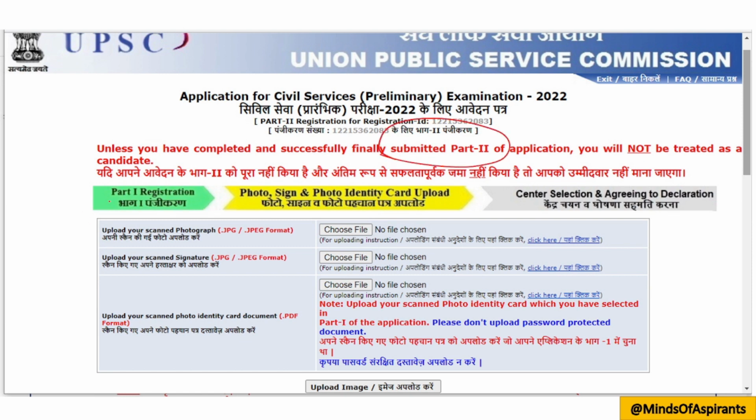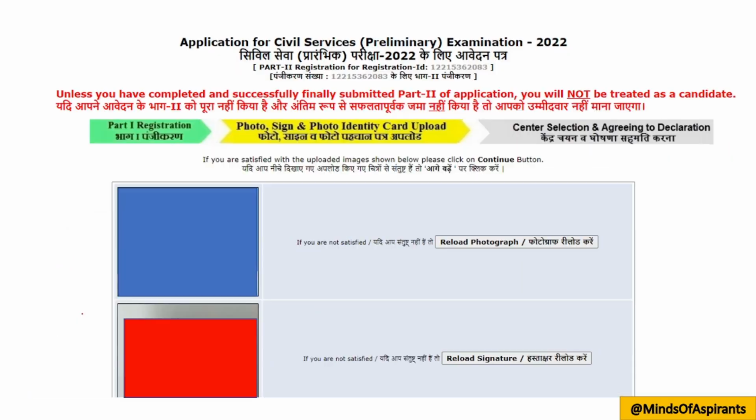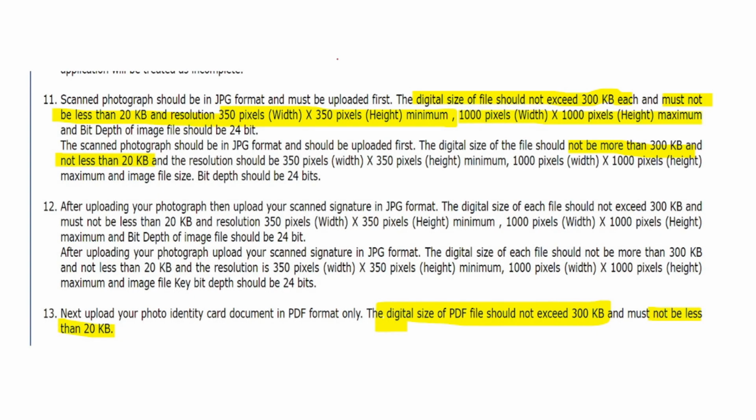In the second part, choosing your scanned photo, scanned sign, and scanned document is very, very important. They have given a format for scanning. What I would suggest is that you please have a formal picture. Understand this one point: when you go for the interview, this picture will be there.